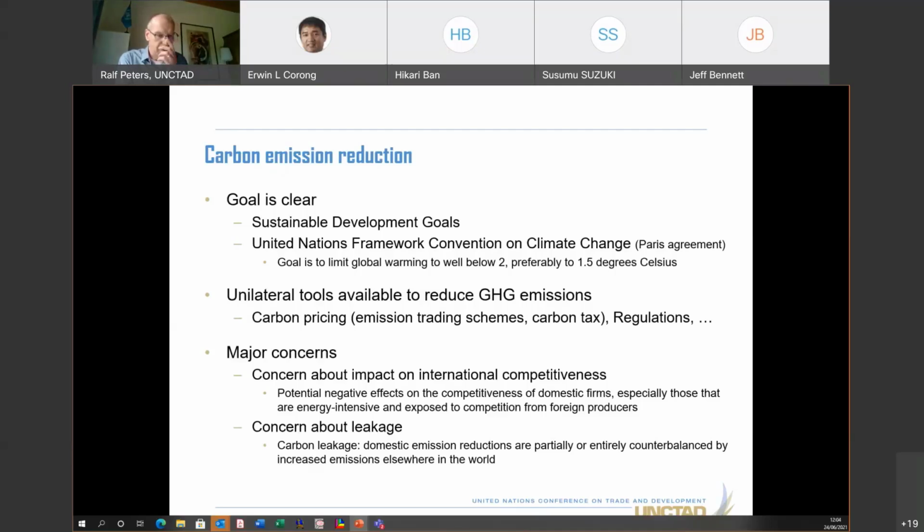Leakage means that even if there is a reduction in the CO2 emissions in the country that applies any measures, it may be partially or entirely counterbalanced by increasing emissions abroad, because those countries then could produce more products and using even less clean technologies. So these are two major concerns.